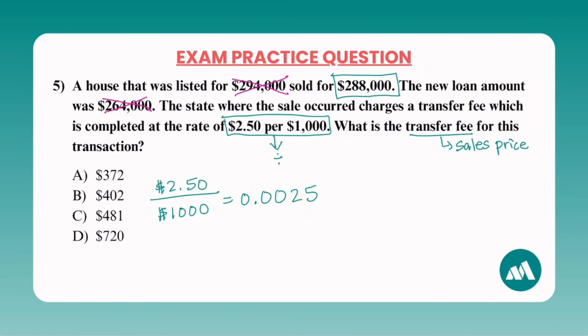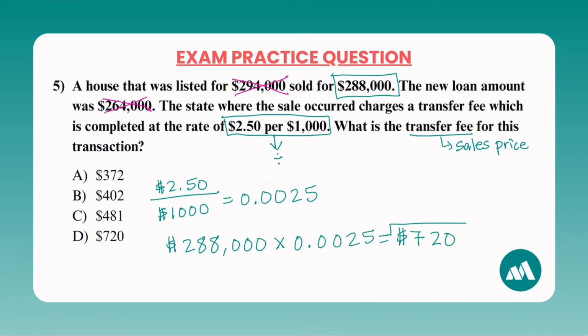Now, all we have to do is multiply that amount by our sales price. So $288,000 times 0.0025 is going to equal $720. So the answer here is D.